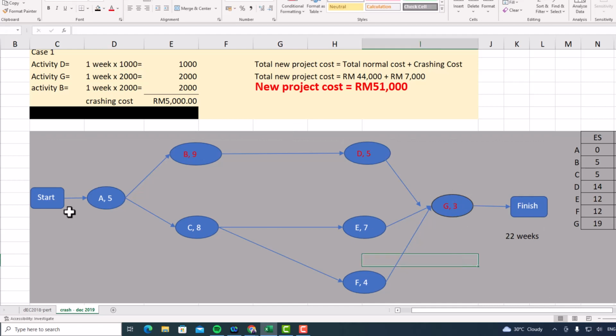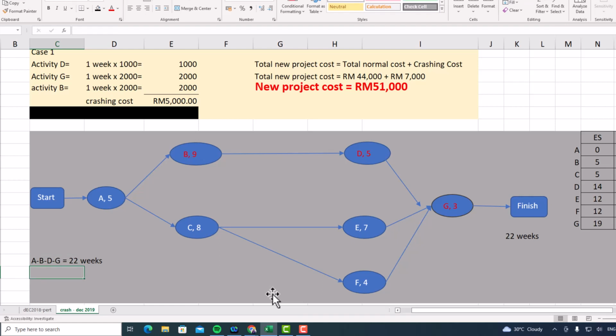Okay, if you calculate again, the completion time for these critical activities is 22. However, you need to calculate the other paths as well. So if you can see here, activity A to B to D and to G, the completion time is 22 weeks.